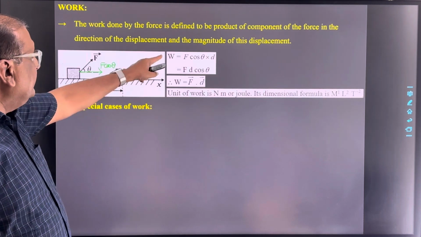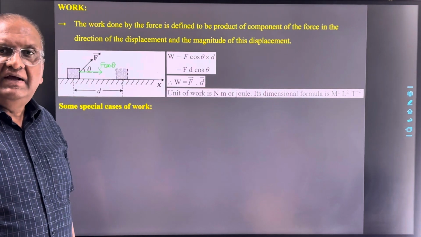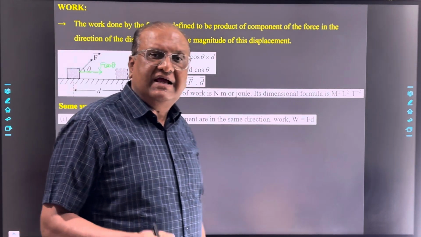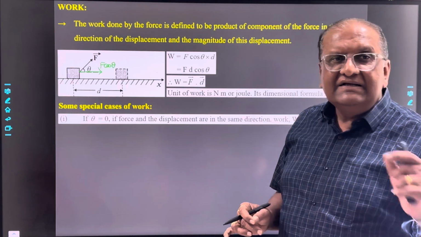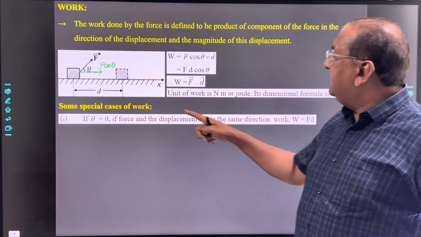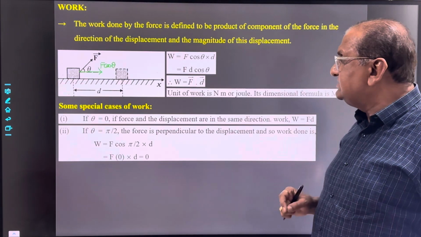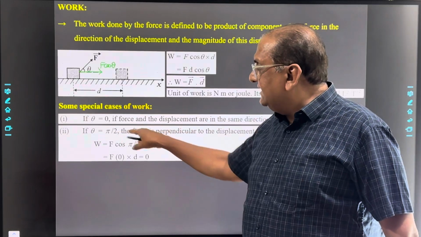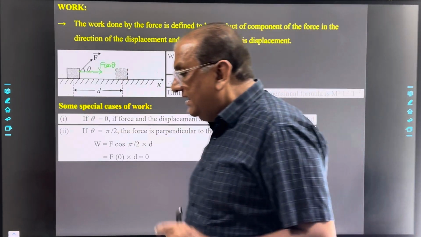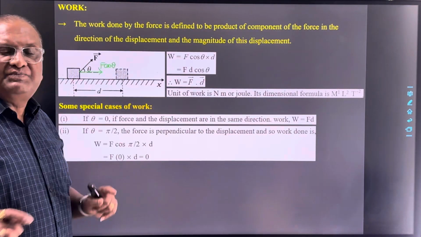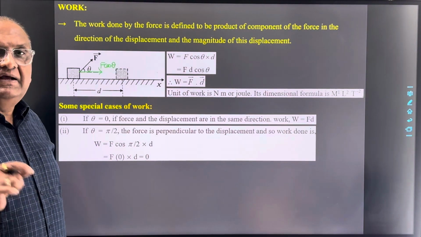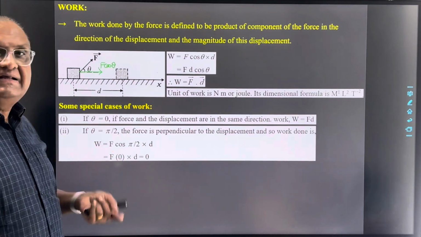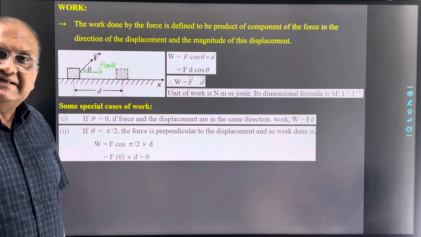Now let's discuss some special cases of work done. See here, W is FD cos theta. If theta is 0, it implies that force and displacement are both in the same direction, then cos 0 is 1, so W is F into D. Now if theta is equal to pi by 2, it implies that force is perpendicular to the displacement, then cos pi by 2 is equal to 0, so work done is 0.